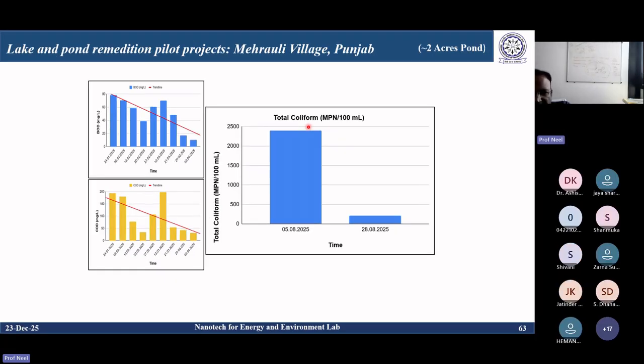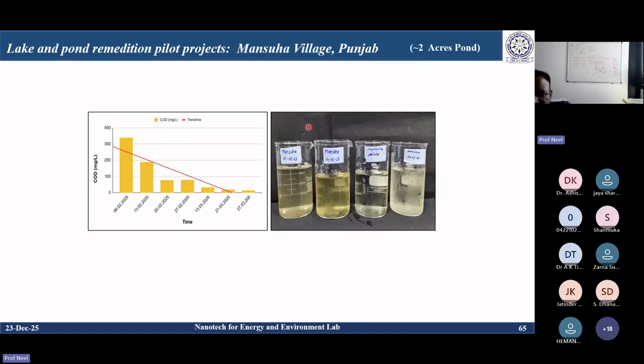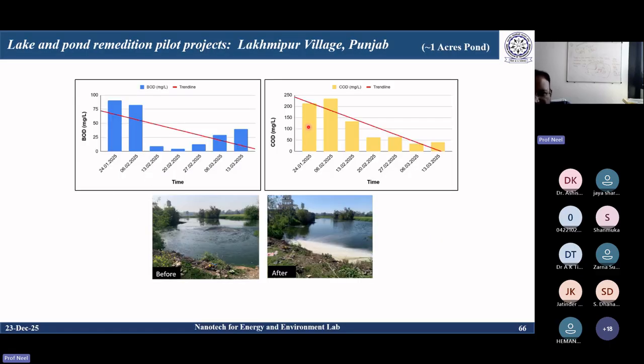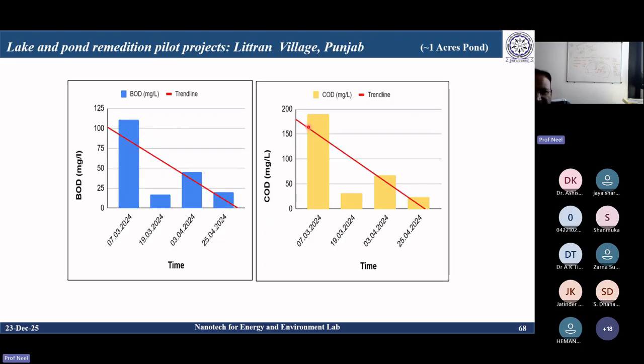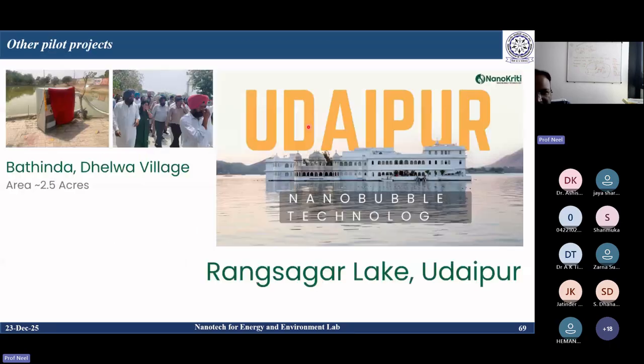Here we are using a bit of ozone nanobubbles to decrease the E. coli, fecal coliform, right? There are similar studies we have done in case of various village ponds. We can clearly see that BOD, COD has been drastically reduced over the period of time. So these are the typical studies we have done in case of pond and lake treatment.